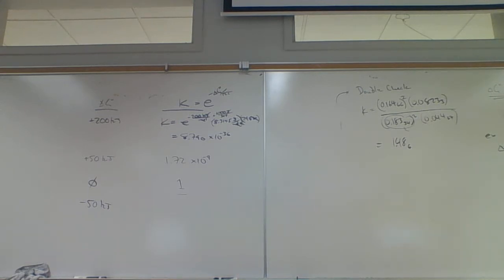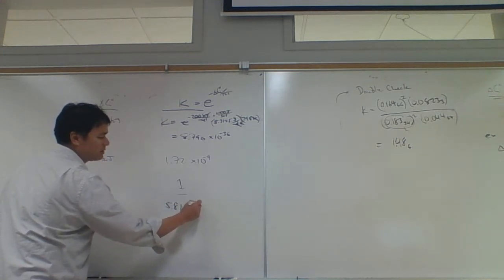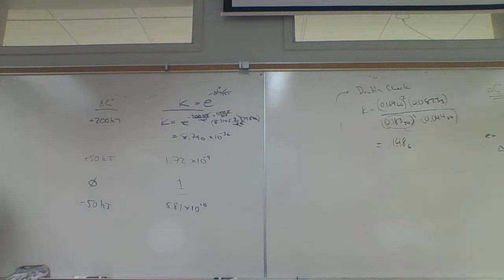What would the ratio be here, product to reactant? 5.81 times 10 to the positive 8. Yeah, okay. And so that's close to 1 times 10 to the 9. And so it's about a billion parts of product to 1 part of reactant.